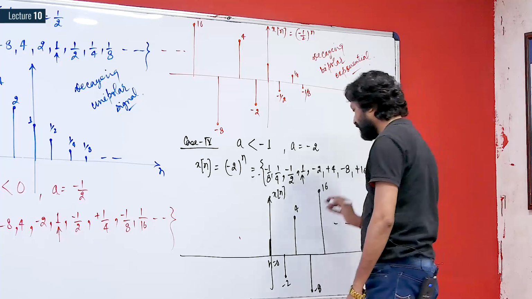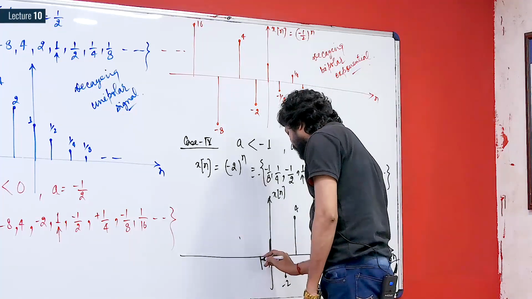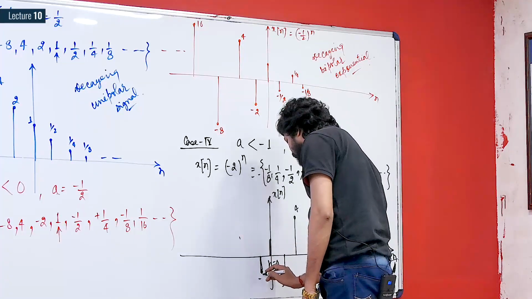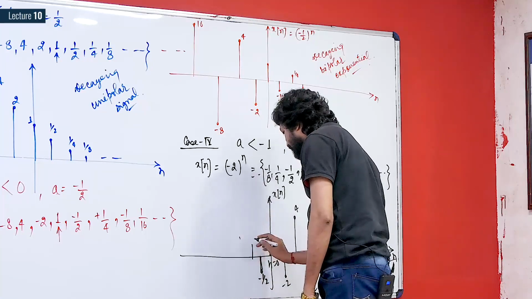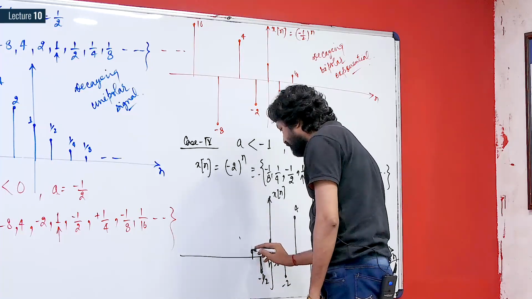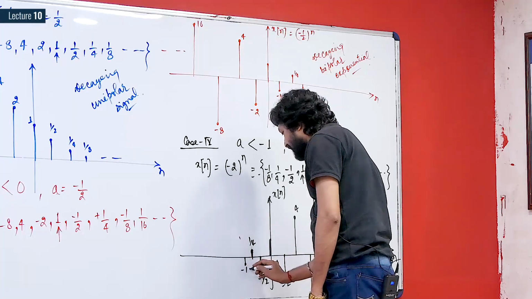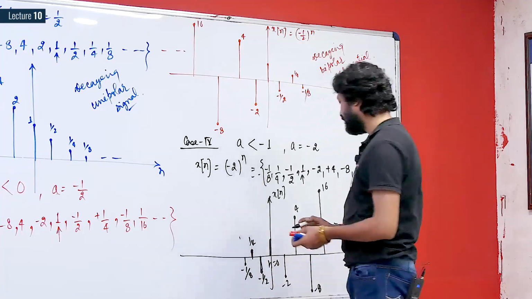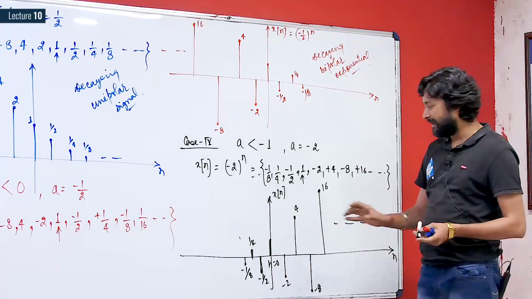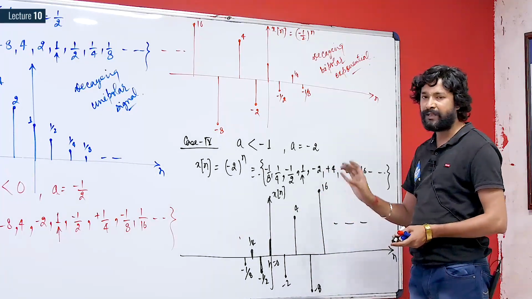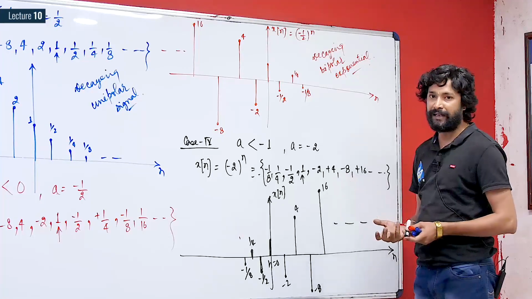Towards the left-hand side, the value is minus 1 by 2, then plus 1 by 4, then minus 1 by 8 and so on. So you can again see that it is a bipolar function, and the magnitude of the samples increases as we increase the value of n.